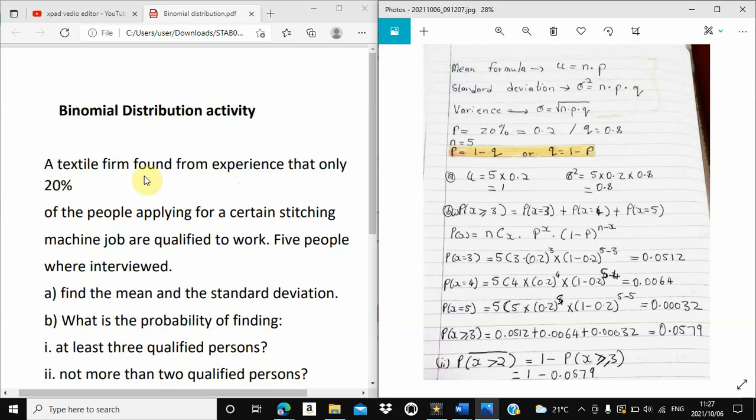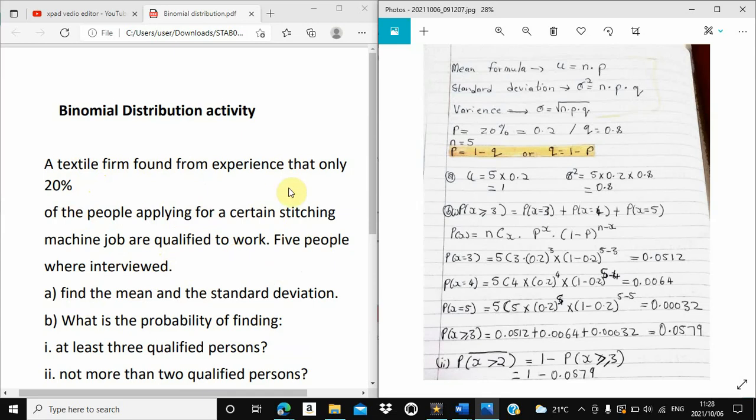They say a textile firm found from experience that only 20% of the people applying for a certain stitching matching job are qualified to work. Our information is that only 20% are qualified. Then they say 5 people were interviewed for this work.